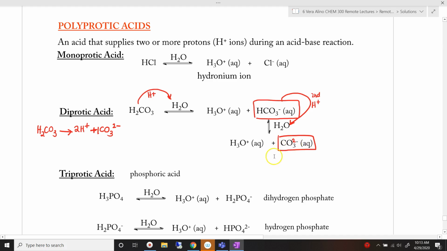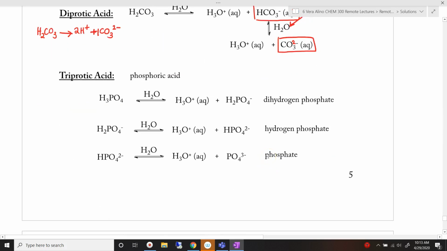Okay, same holds true for your triprotic acid, phosphoric acid. It's going to dissociate in 3 steps. This is the first dissociation with the first hydrogen ion to the first water molecule in order to form dihydrogen phosphate ion.